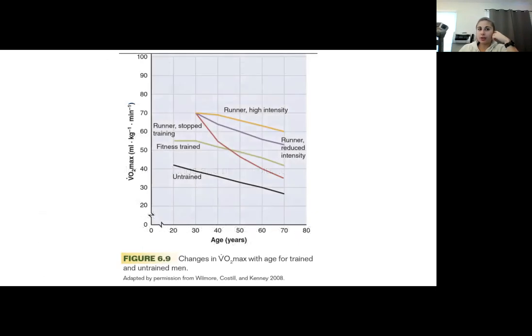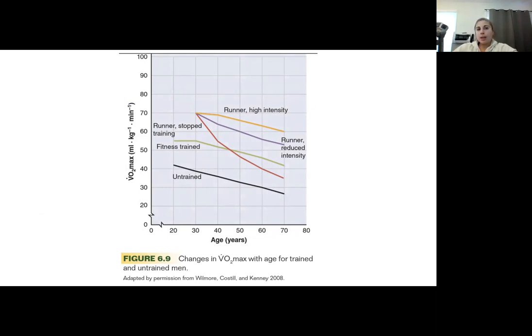So let's take a look at this interesting chart. And I hope you maybe have seen it or you find it really interesting. So let's first look at the untrained individual in the black line here. Okay, so we're looking at starting at 20 years old. Around 20, and this is in males, we see a peak VO2 max for someone who's untrained, let's say 42.